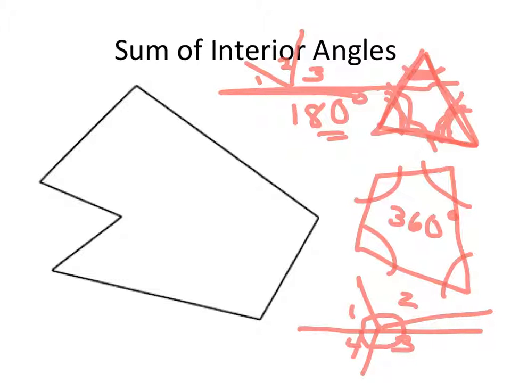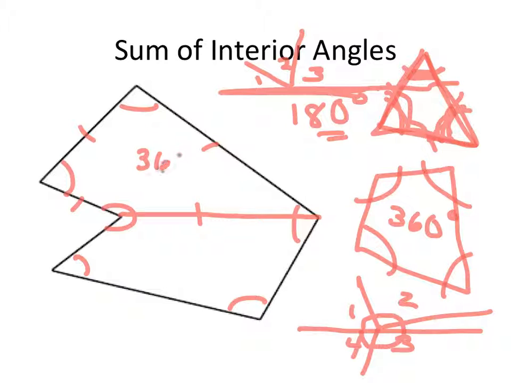We can use that information to find the sum of interior angles in any polygon. So if we want to know what all of these angles add up to, we can use that information. We can add lines to our shape to divide it into different figures. So if I put a line there, I now have one four-sided figure, 1, 2, 3, 4, and I know that all the degrees in that figure add up to 360.